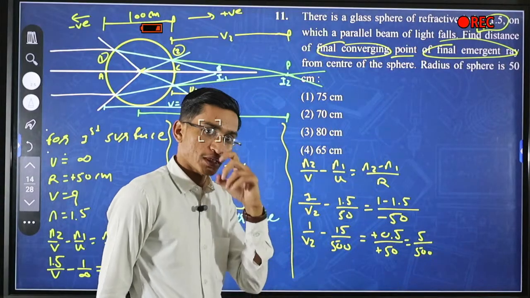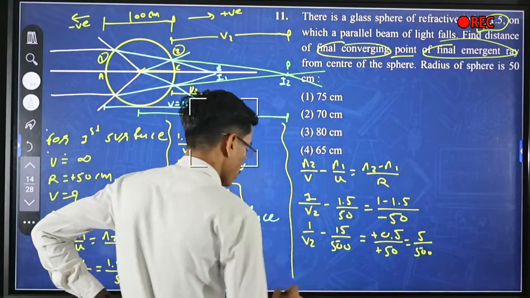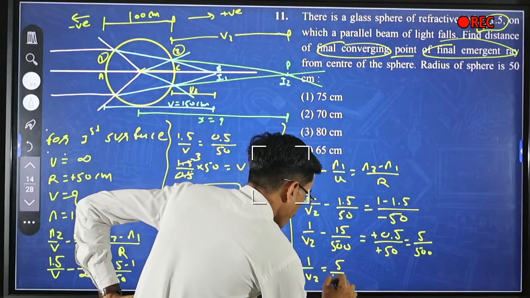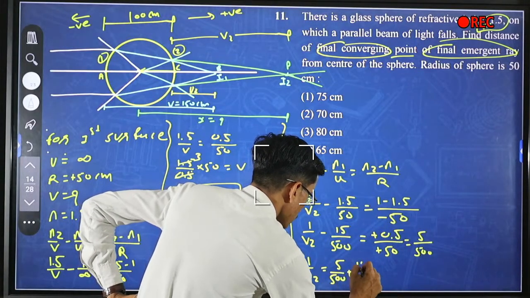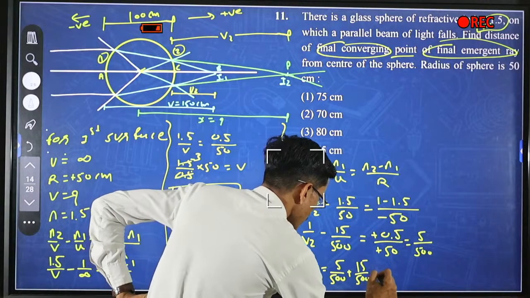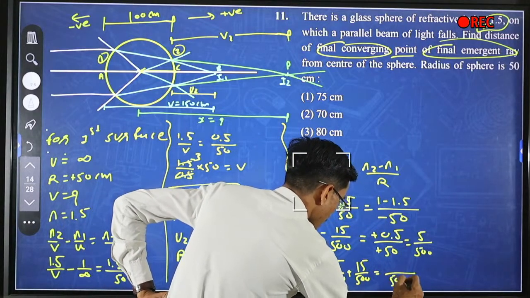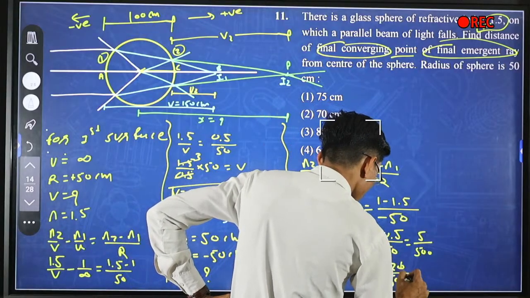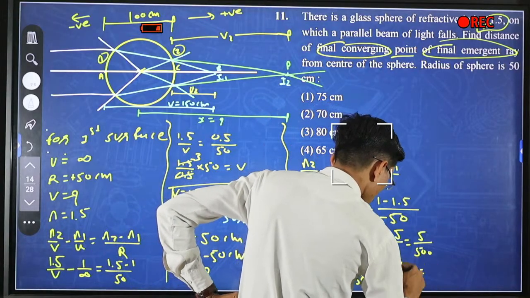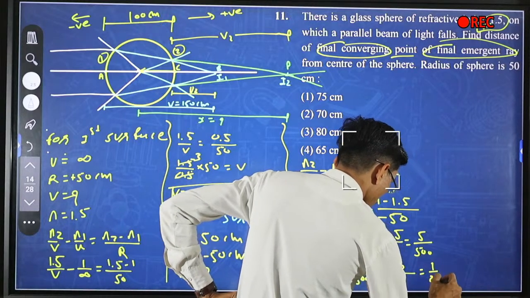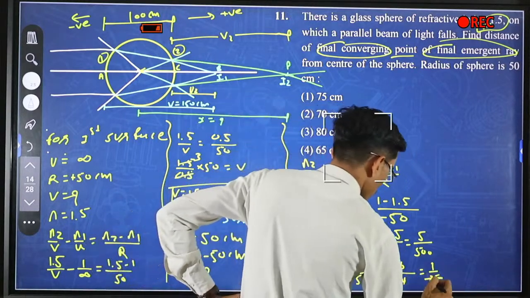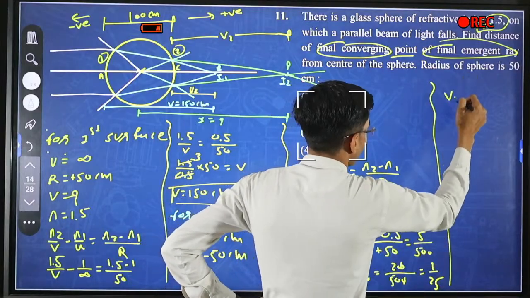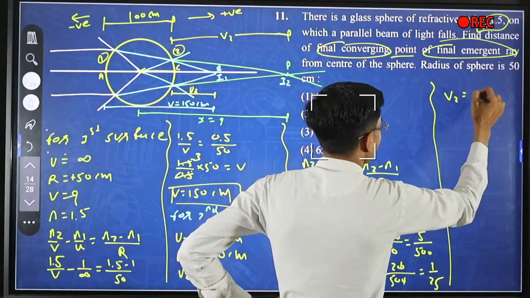So one small mistake can ruin the whole answer. 1 by v2 is equal to 5 by 500 plus 15 by 500. Taking LCM as 500, 15 plus 5 is equal to 20. Zero zero cut, so 2 by 50 is equal to 1 by 25. So v2 is equal to 25 centimeter.